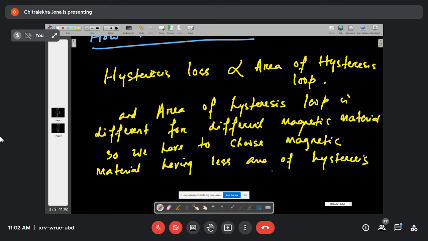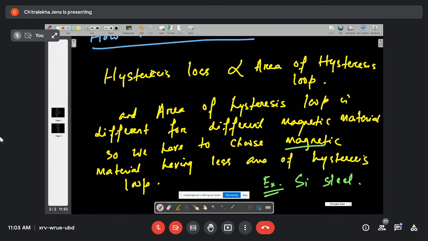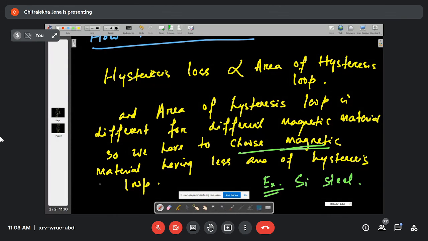Hysteresis loop. You know which one? For example, तुम आयरन लोगे, उसका हिस्टेरेसिस लूप इतना ज्यादा नहीं. सिलिकॉन स्टील लोगे, इसका एरिया ऑफ हिस्टेरेसिस लूप बहुत कम है. Understood? So we have to choose magnetic material having less area of hysteresis loop.